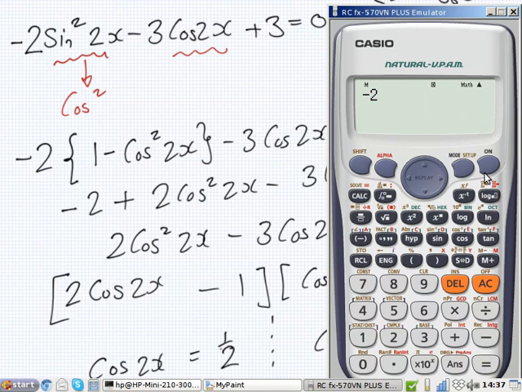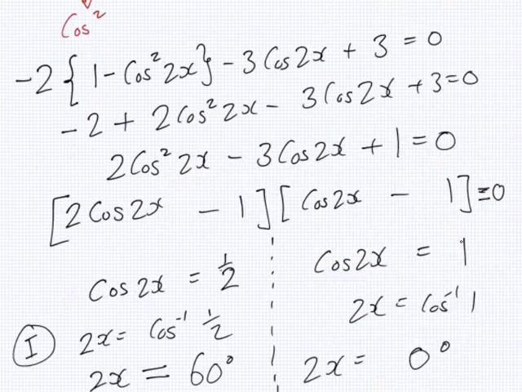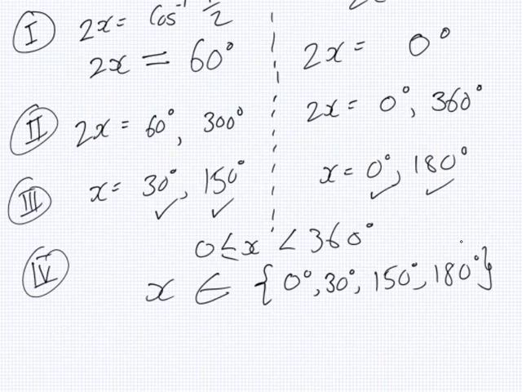Minus 2 sine 300 because it's 2x. Minus 3 cos 300 because it's 2x plus 3. We should get 0, and we do. So I've checked one of the answers. You don't have to, but all 4 answers should work.